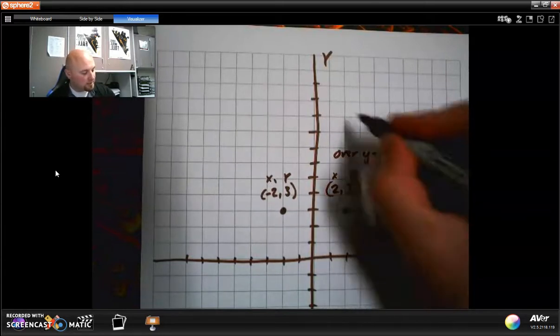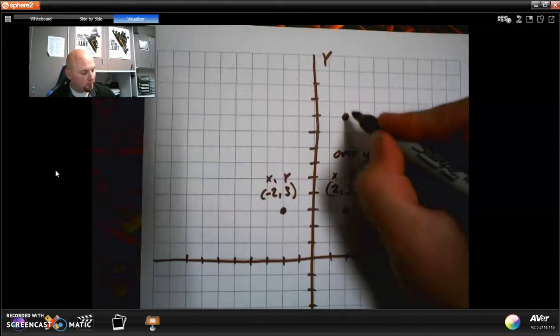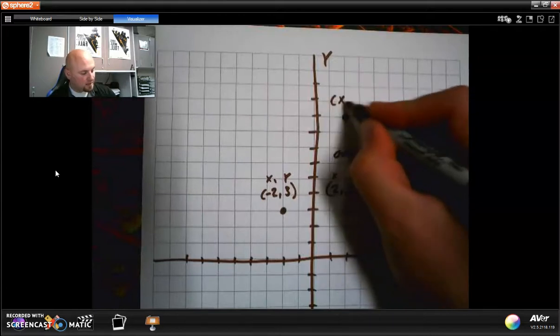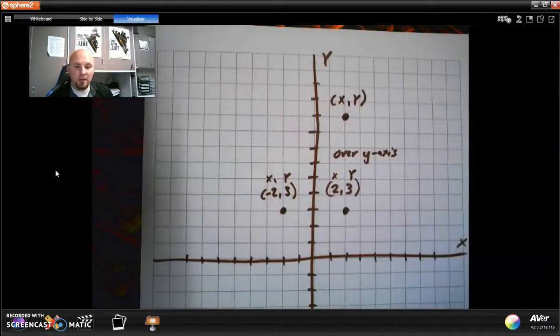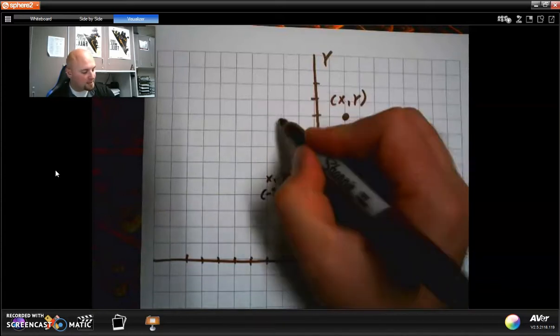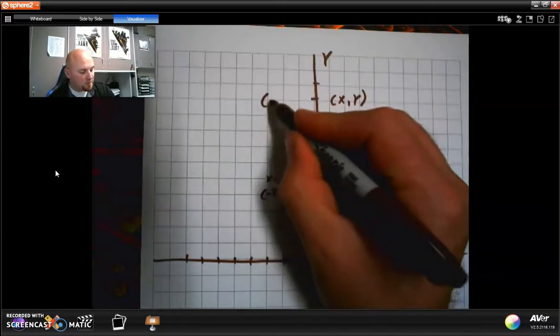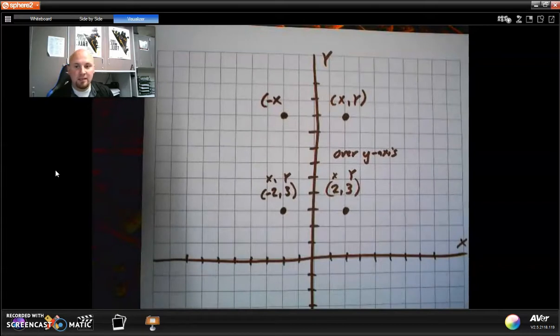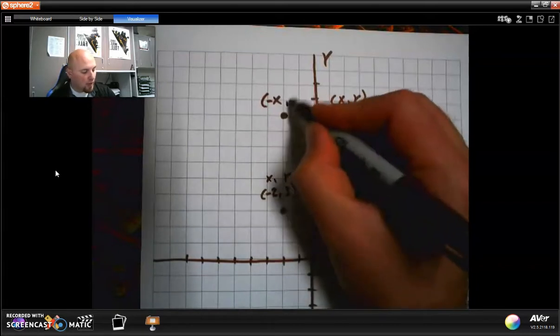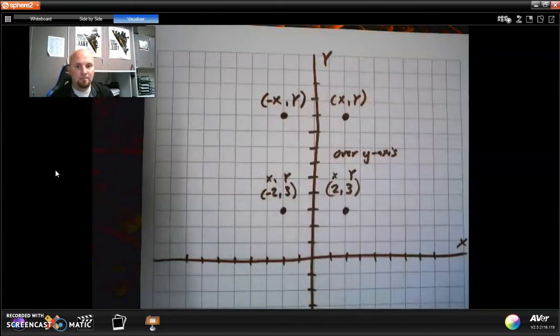Well, the rule is, whatever point you have, be it the x and the y, if you flip it over the y-axis, the x becomes its opposite, and the y will stay the same.